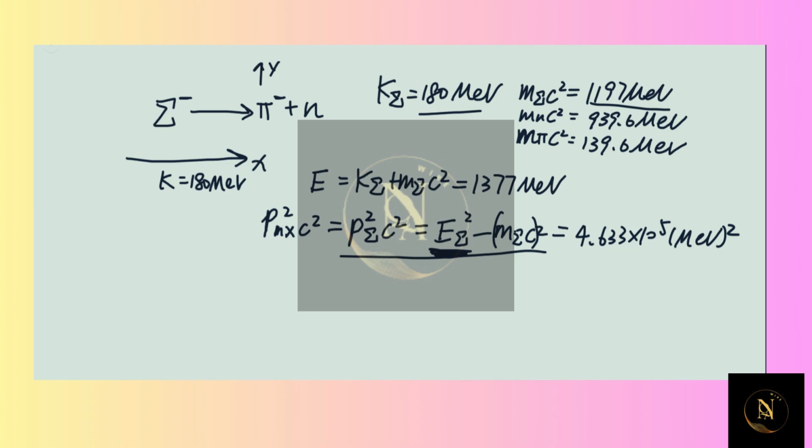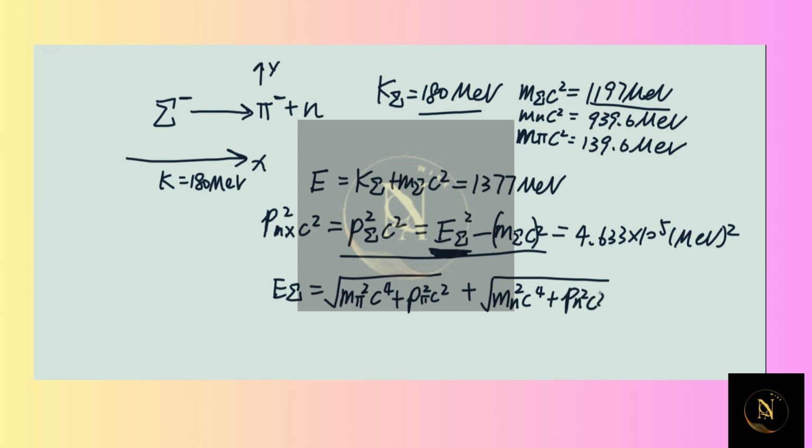And then we also have conservation of energy, which is the energy of the sigma equals the energy of the pion plus the energy of the neutron. The energy of the pion is the rest mass energy, but it also has a momentum component. Similar for the neutron, it has its rest mass equivalent energy, and it also has a momentum contribution.